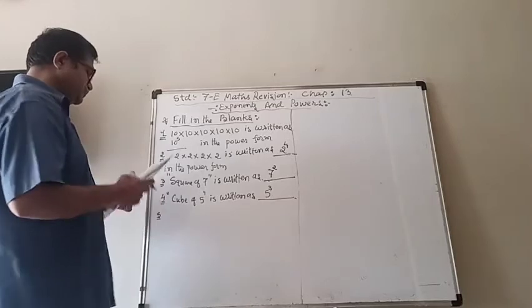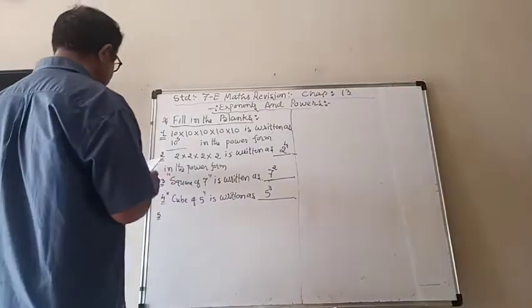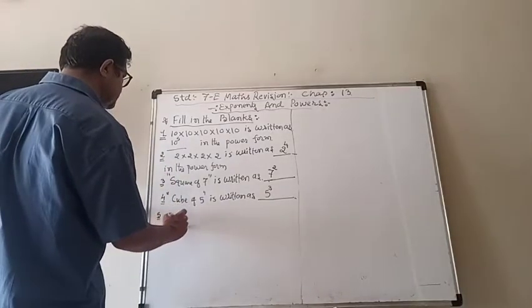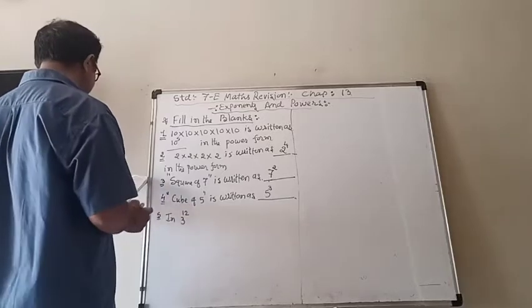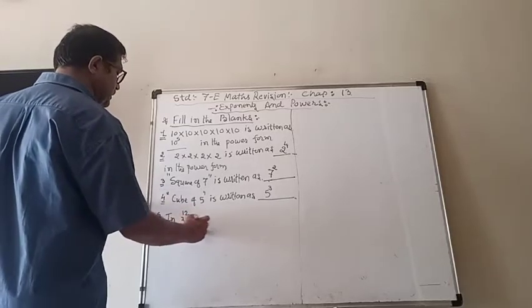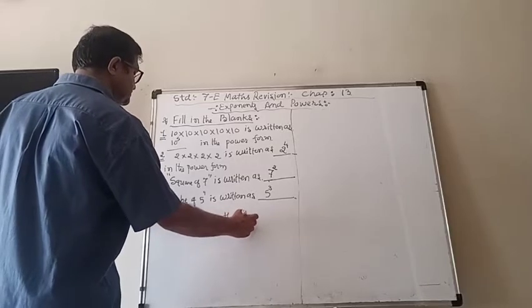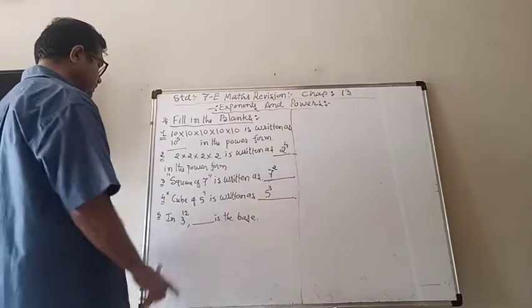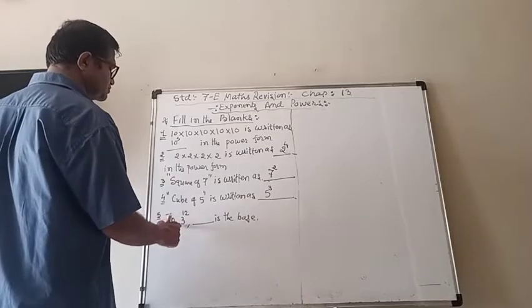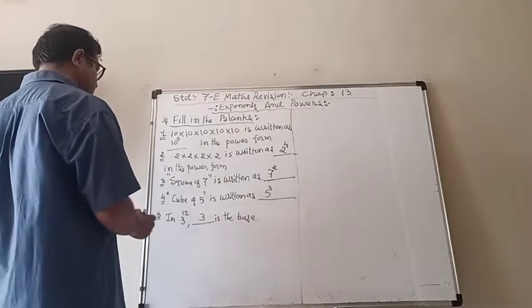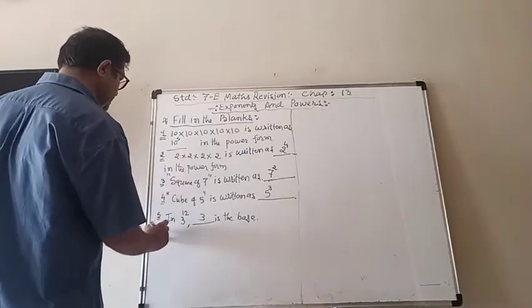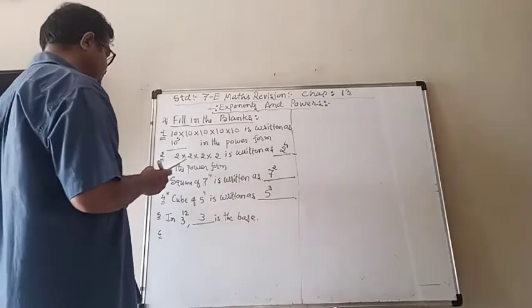Fifth one, in 3 raised to power 12, dash is the base. Here we know that 3 is the base and 12 is the exponent or the power.